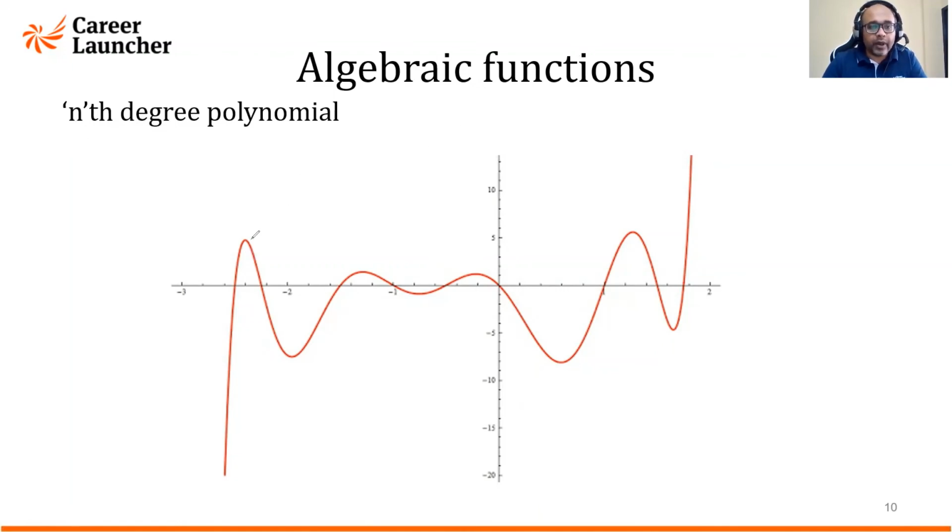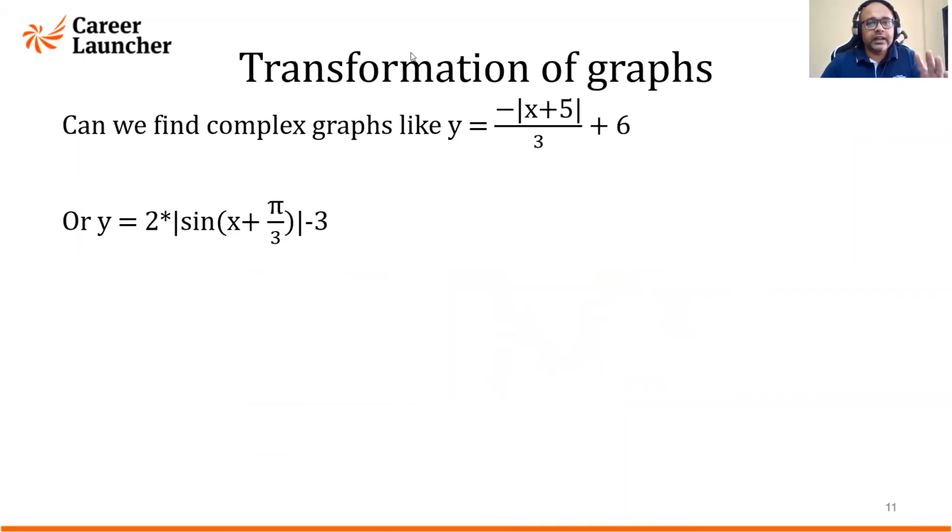Now the number of crests and troughs will always be n minus 1, where n is the highest power of the polynomial.